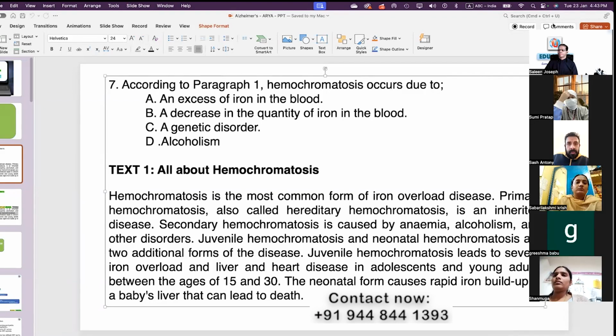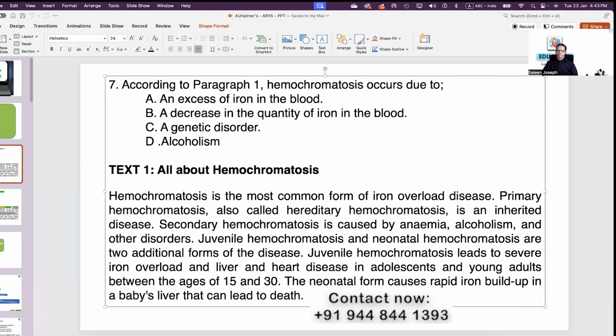Secondary hemochromatosis is caused by anemia, alcoholism, and other disorders. Juvenile hemochromatosis and neonatal hemochromatosis are two additional forms of the disease. Juvenile hemochromatosis leads to severe iron overload and liver and heart disease in adolescents and young adults between the ages of 15 and 30. The neonatal form causes rapid iron build-up in a baby's liver that can lead to death.